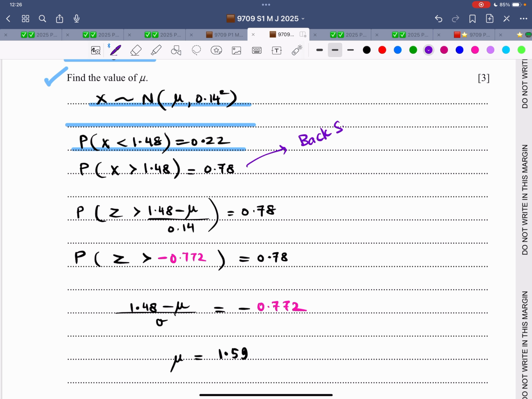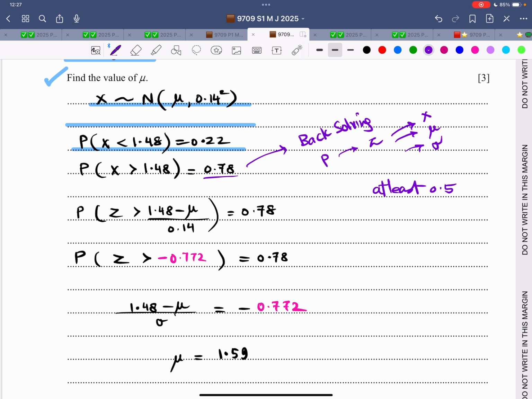When I use this term back solving, it means using the probability to find the z value and then find the corresponding x value or the corresponding mu value or the corresponding sigma value. So this probability has to be at least 0.5. That means 78% is greater than 50%.